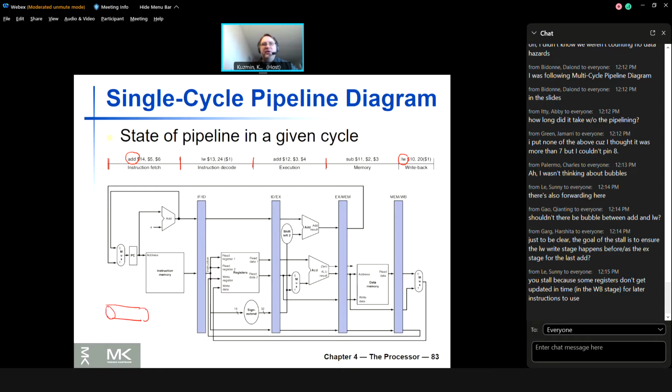Here are instructions flowing in, and we can think of the pipeline as having 5 sections. The flow going in goes through all 5 stages sequentially, and then it leaves our pipeline when it is done.